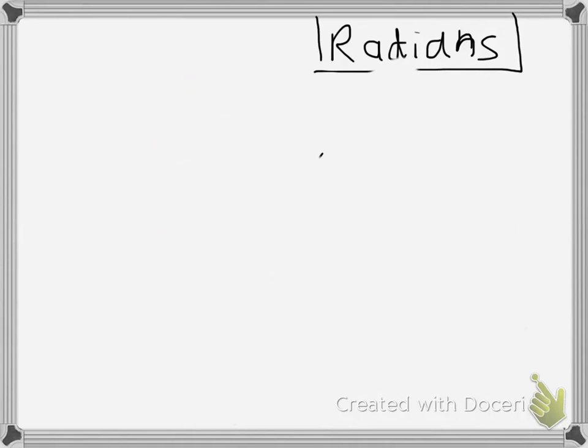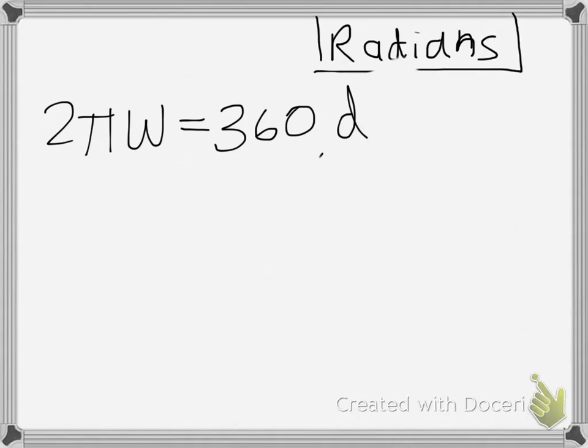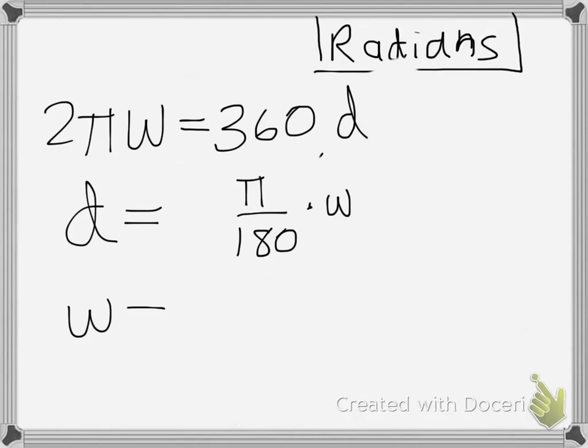So now I'm going to write the formulas up here. We have 2 pi radians equals 360 degrees. That means we get 1 degree equals pi over 180 radians, and 1 radian equals 180 degrees over pi.